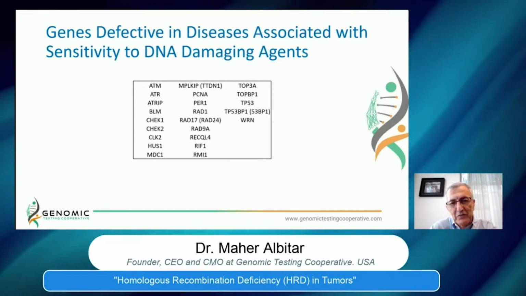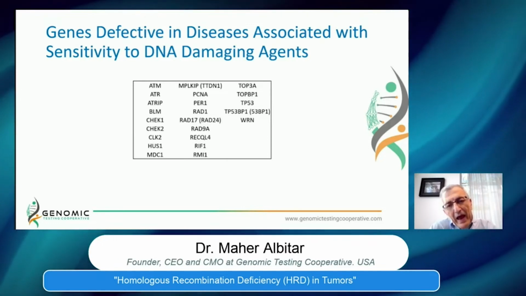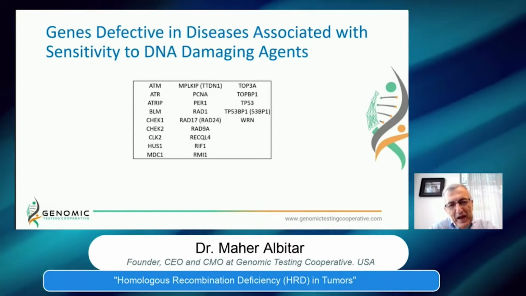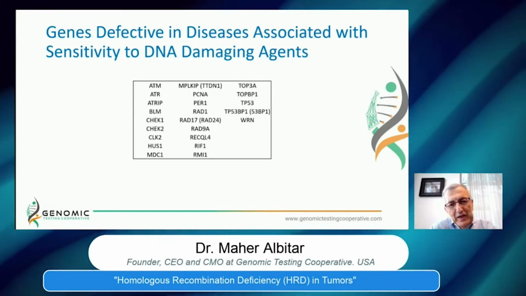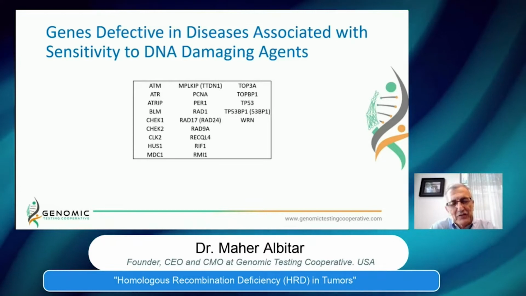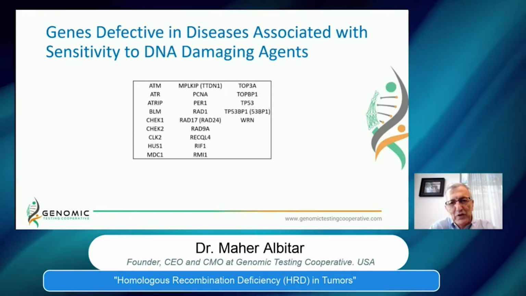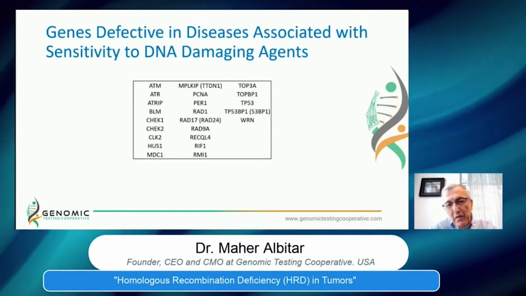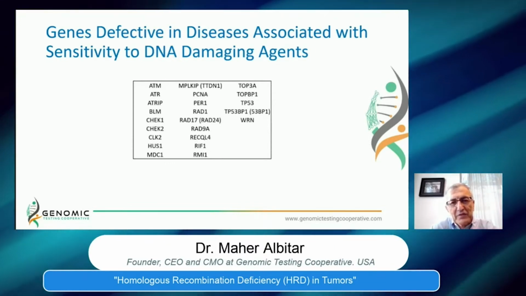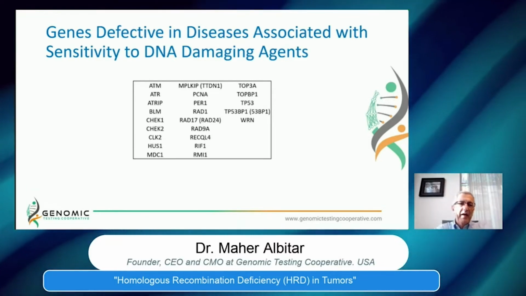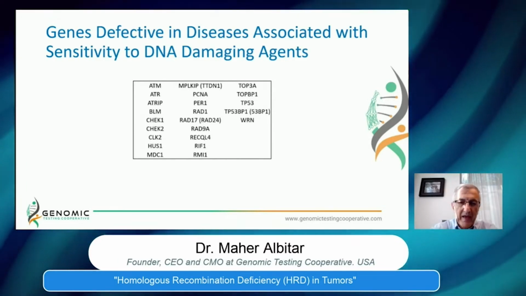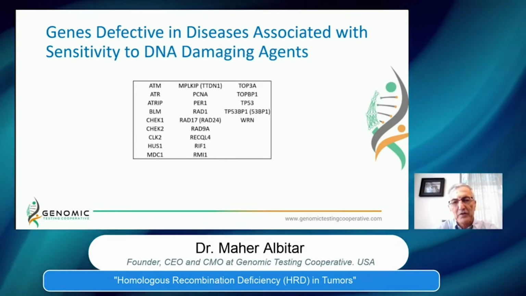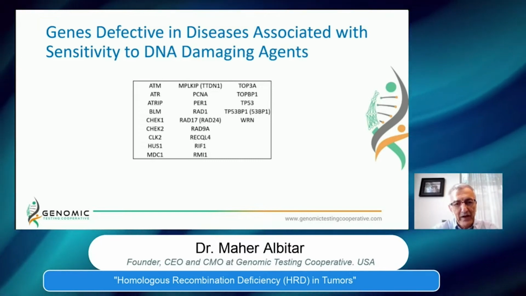homologous recombination deficiencies. Again, as you know, our biology is very complex, and sometimes you need mutations in two genes that work together to give you the phenotype of deficiency. And sometimes mutations in multiple genes give you that phenotype, and sometimes methylation as well as mutations can give you that phenotype.